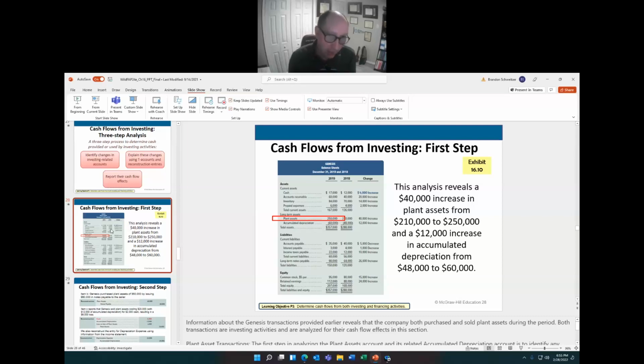You just take the cash coming into the business minus out of the business for those respective activities. But yes, you can use the same method for investing and financing. For investing, we're only looking at the accounts for investing. For financing, we're only looking at the accounts for financing.